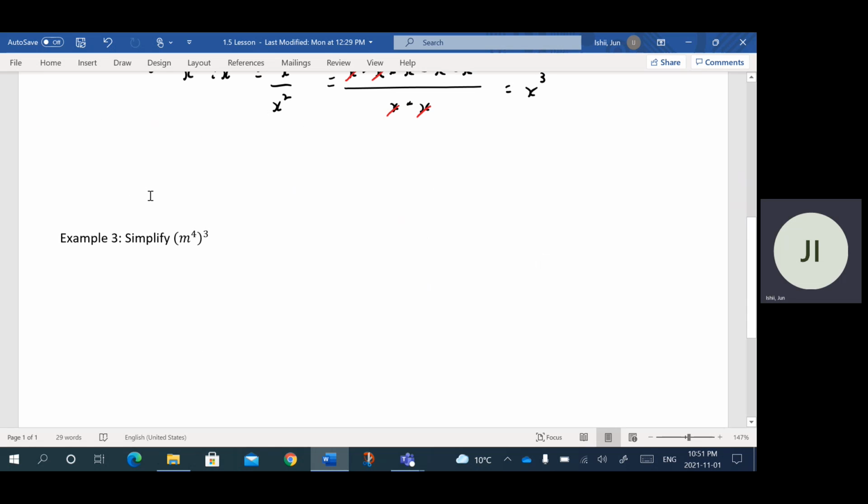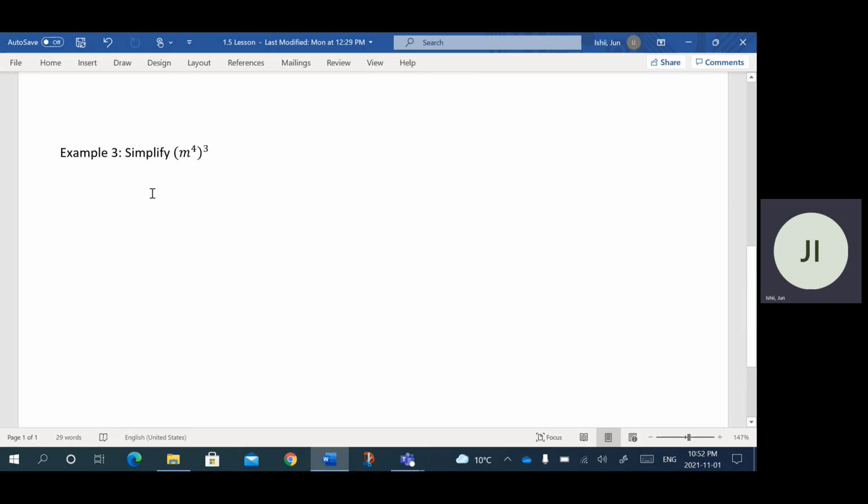Okay, on to the next. I'm going to simplify m to the fourth, cubed. I've got another variable here. This is going to equal m to the fourth times m to the fourth times m to the fourth, because you're multiplying m to the fourth by itself 3 times.